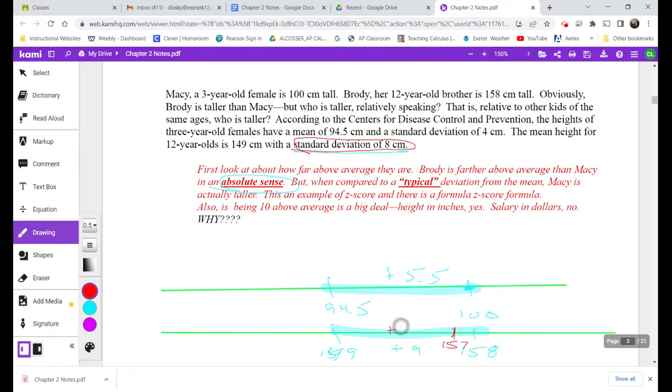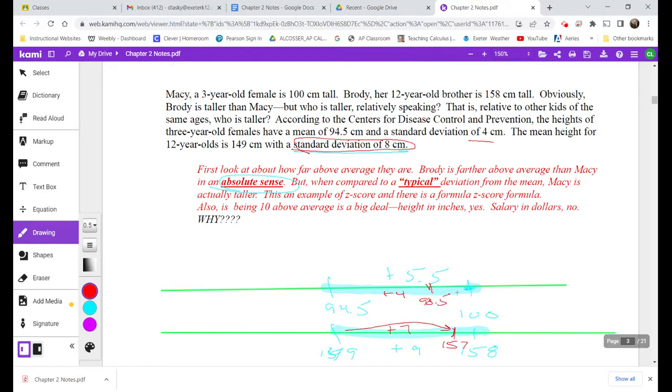So that's +7 for the standard deviation. For the girls, I add 4 for the standard deviation, and I get 98.5.